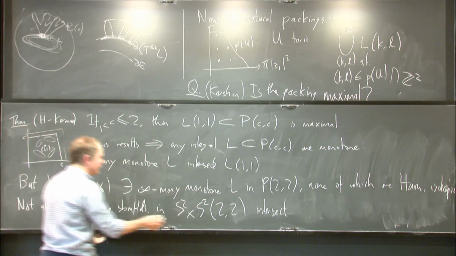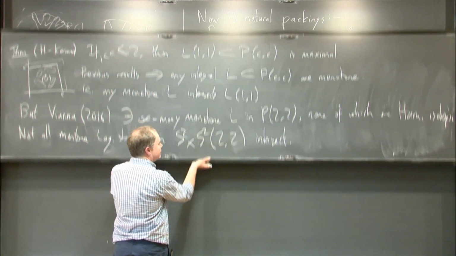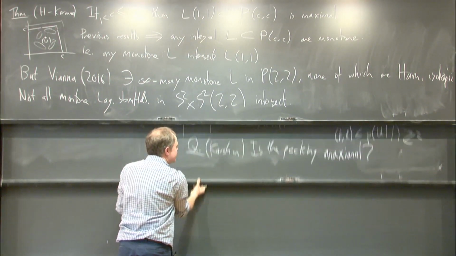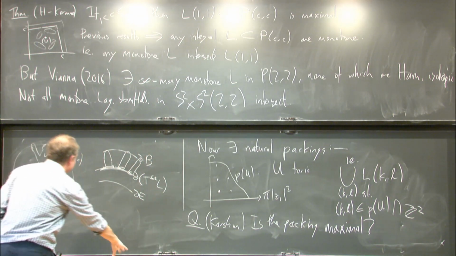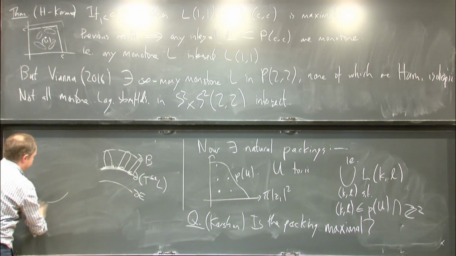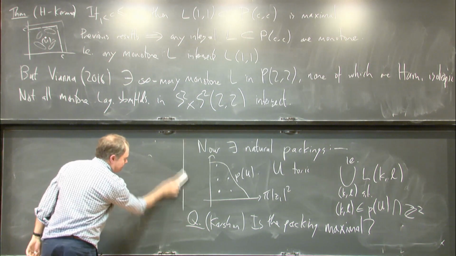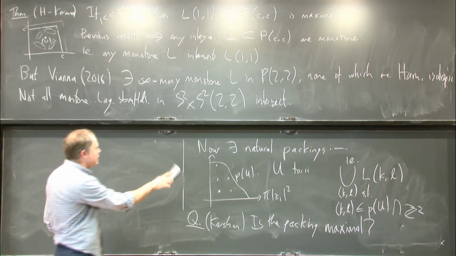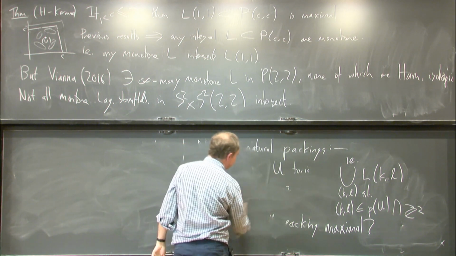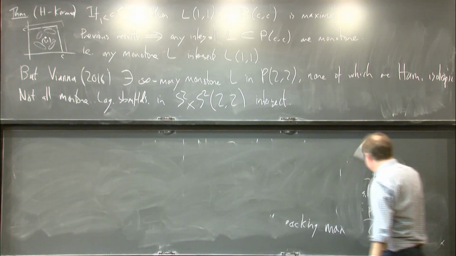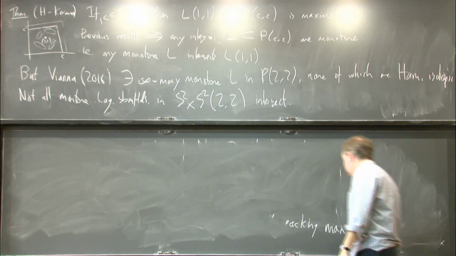Anyway, a little bit of holomorphic curves for that as well. So the answer to this question then is yes, if U is small enough. But then if U gets bigger, not anymore.